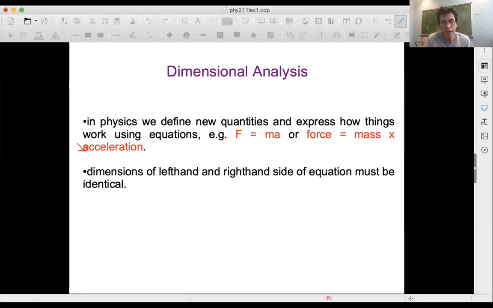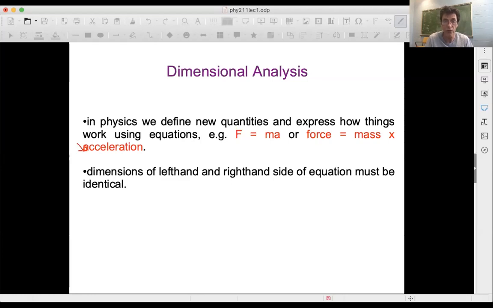An important feature of equations, whether they're defining a quantity in physics or they're a law of physics, is that the dimensions, these fundamental dimensions of mass, length, and time, the combination on the left-hand side of the equal sign and the combination on the right-hand side have to be equal to one another.